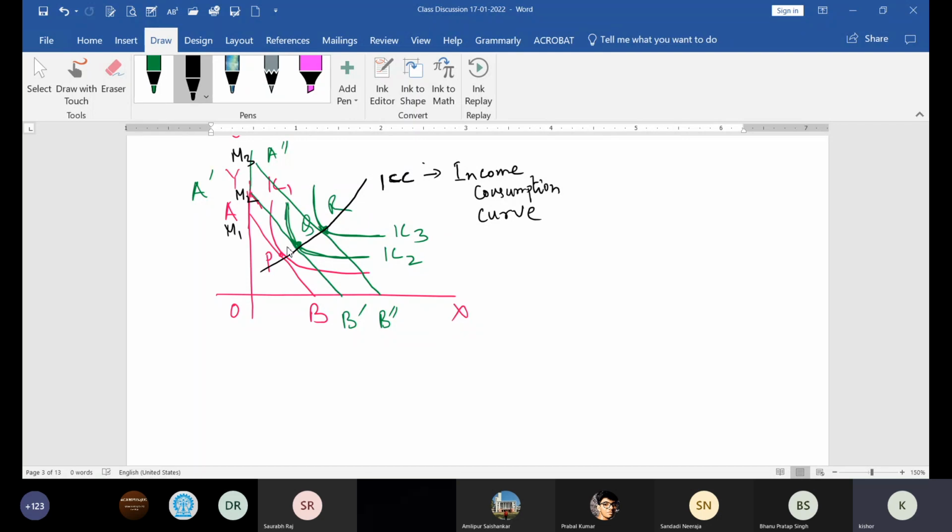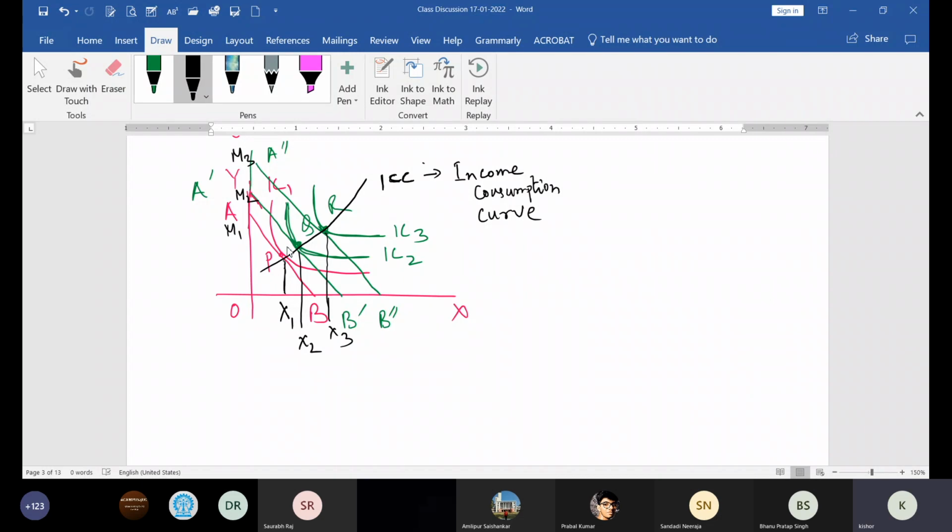Then what you are doing? You are purchasing this much quantity of X, represented by suppose X1. Here it is the equilibrium quantity, suppose this is X2. This represents suppose X3. These are equilibrium quantities of X.